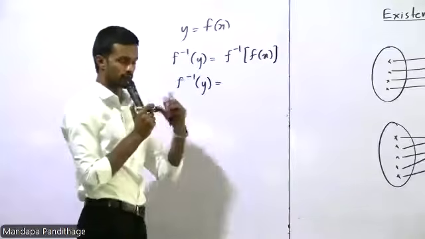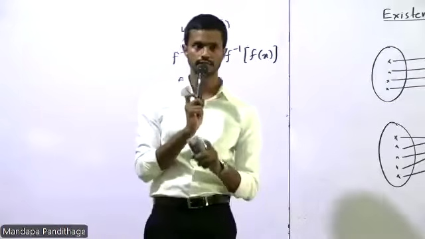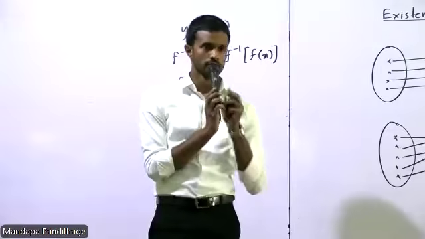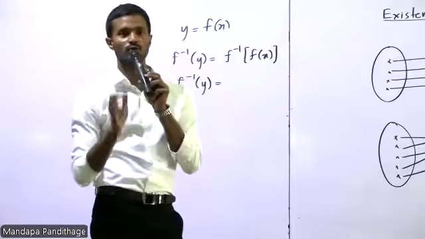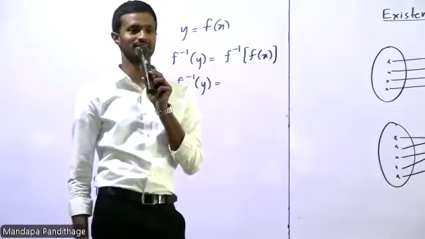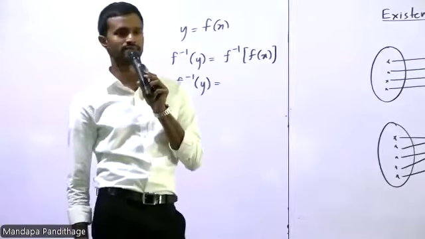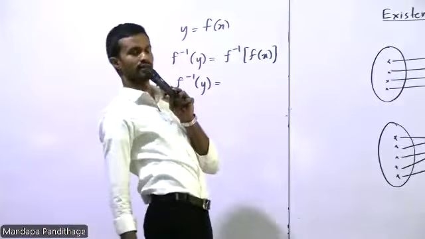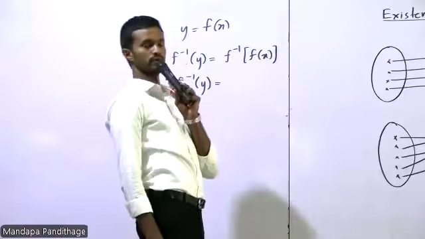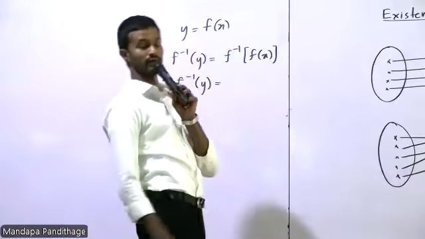I told you an inverse function is the opposite of a function. So if the function is multiplied by 2, keep your hands over there, sit properly. Don't just lie down like that. It automatically happens when you lean back, you automatically go that way.